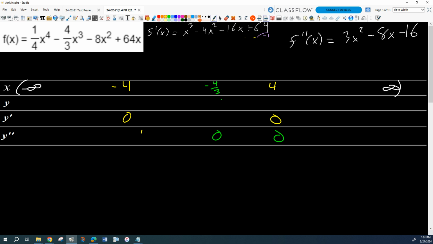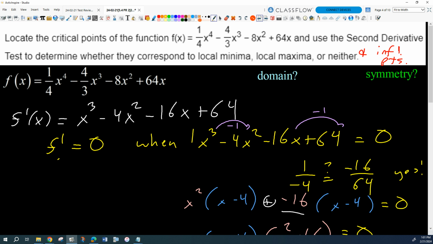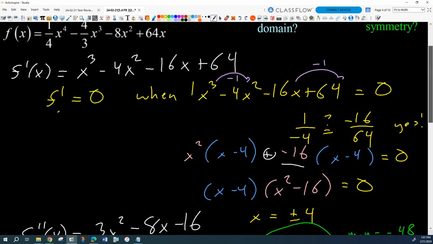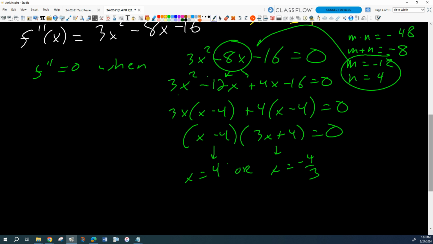So the sign of the second derivative at negative 4 is what? It would have been easier for us to analyze this where the second derivative was factored, which was right there. Smiley or non-smiley? Well, we're doing the second derivative test, aren't we?